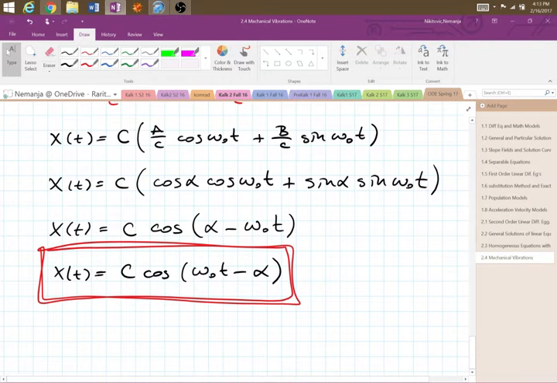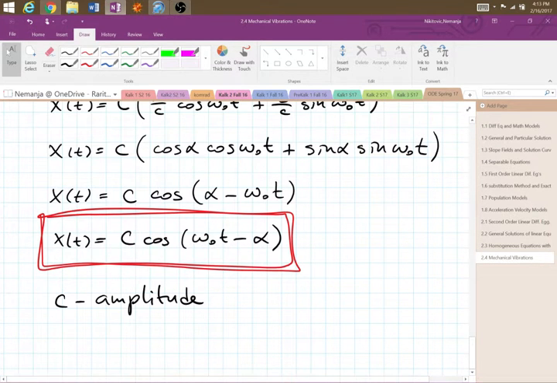And over here we have these letters, right? So C is the amplitude. That is how far from the origin, from the equilibrium point, the object is going to go. We have the omega 0, which is the frequency. That's the velocity, right?